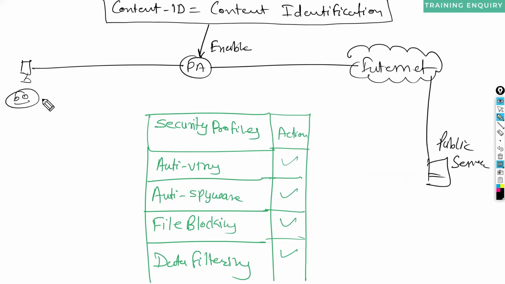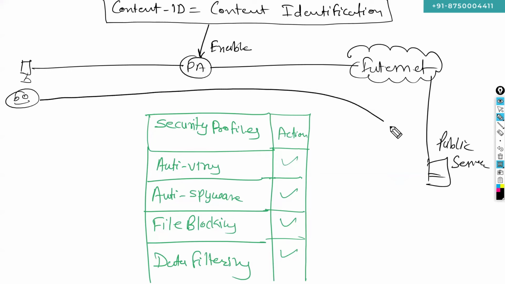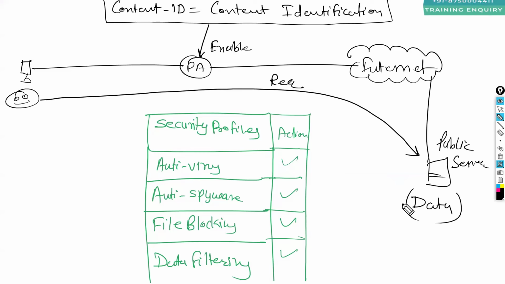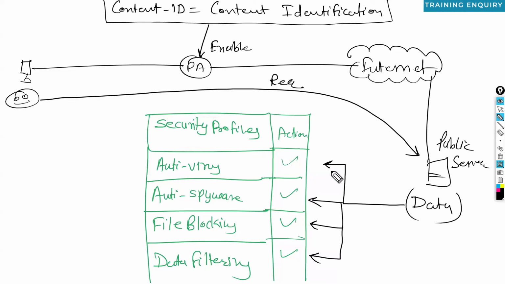Now, if a user is sending any request to a public server, definitely the user will send a request to internet, and from the public server they will try to download any data. When this data will come at firewall, then firewall will filter this data through antivirus, anti-spyware, file blocking, and data filtering profiles.